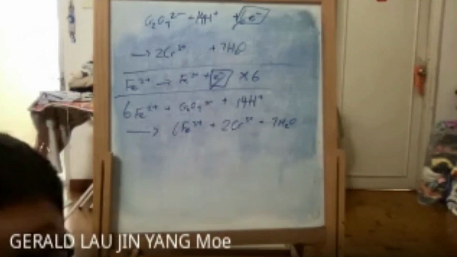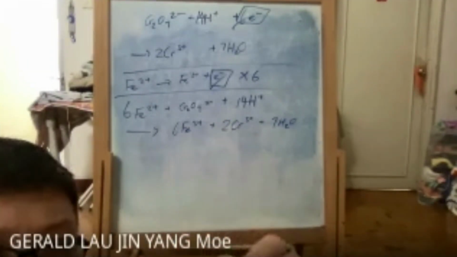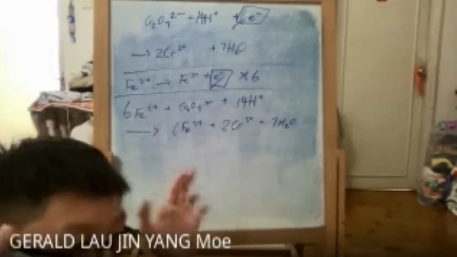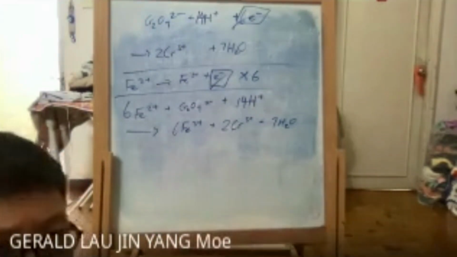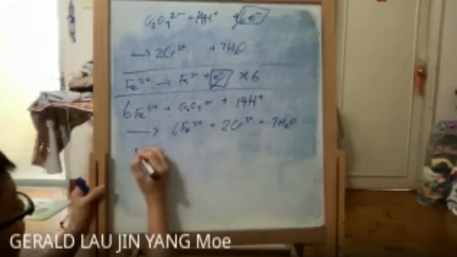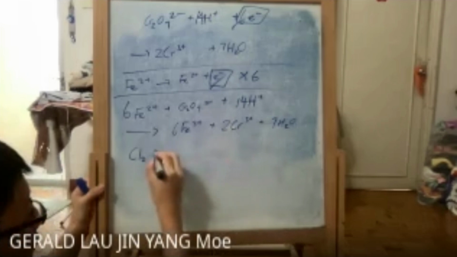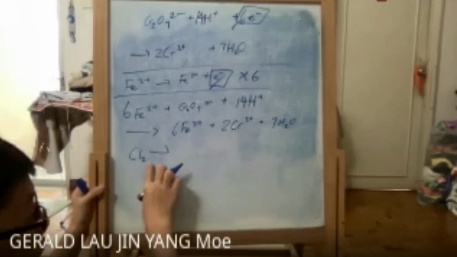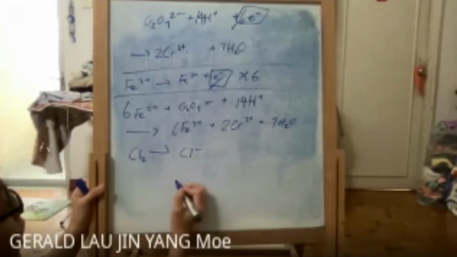Okay, so basically redox, you actually don't have to memorize like, oh my god, chlorine water is oxidizing agent, iron 2 sulfate reducing agent. You don't have to memorize like that. What you need to know is just, chlorine or any halide ion, if you see chlorine as reactant, the product is confirm chloride ion.